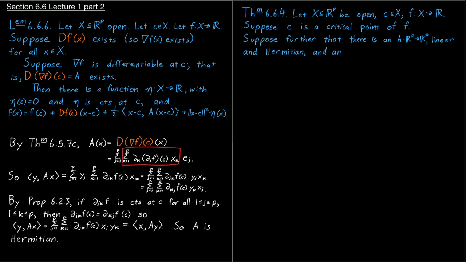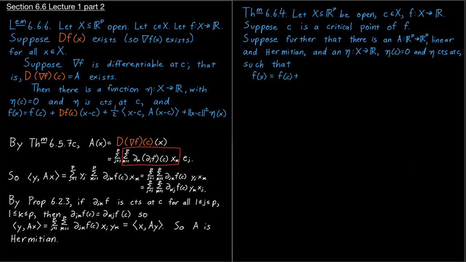And an eta going from X to R with eta of C equaling 0 and eta continuous at C, such that f of x is equal to f of c plus.